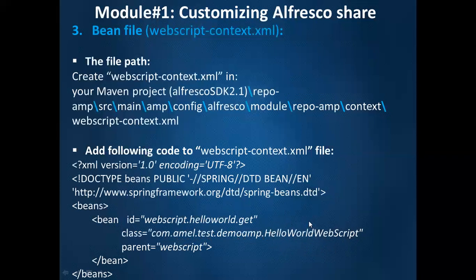As I told you, the name of my class was HelloWorldWebScript.java. So you give the name of your Java file here. The parent is web script. Same here, bean, and you close the first bean and you close the beans tag.